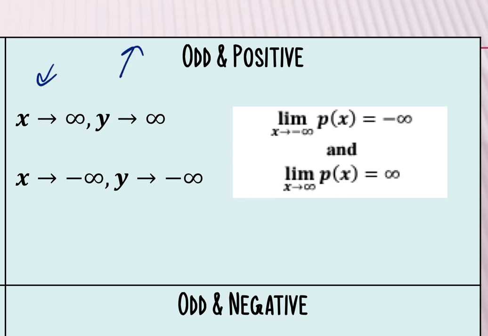So as I move towards negative infinity, which means as I move left, my graph is pointing down, which means the f of x or p of x, whatever it is, is going to negative infinity. As it's going to the right, which means as my x is approaching positive infinity, the y is getting bigger, which means it is approaching positive infinity.